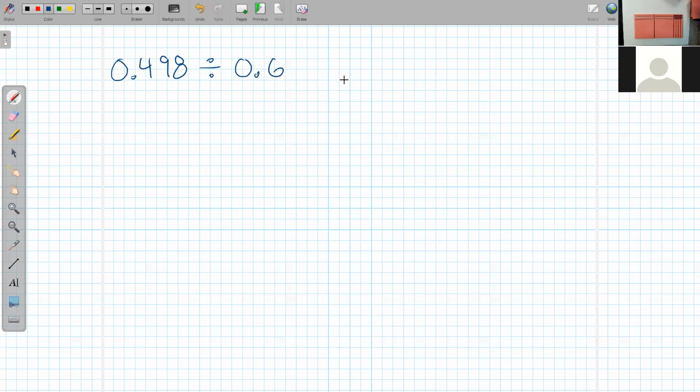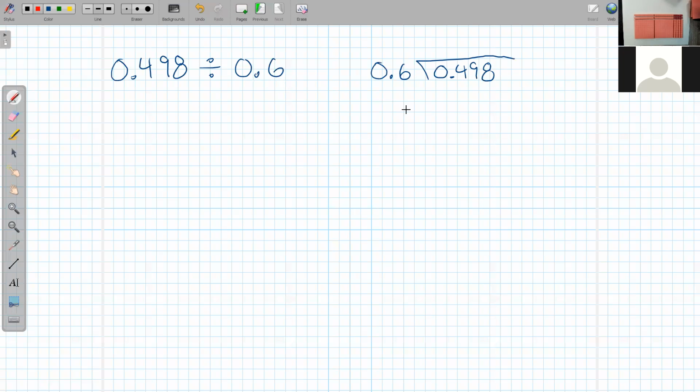So we're going to try to do this without a calculator. In that case, we want to rewrite it as 6/10 goes into 498 thousandths, right? Tenths, hundredths, thousandths.